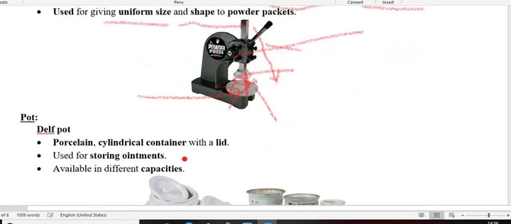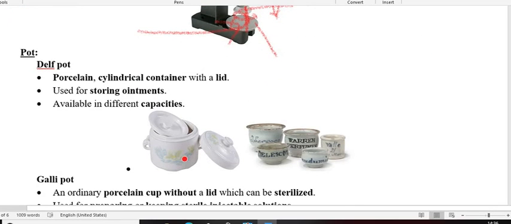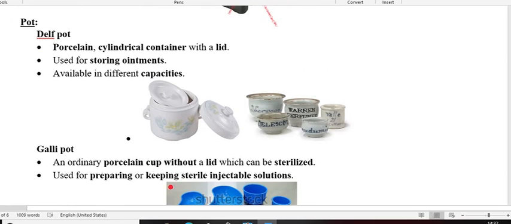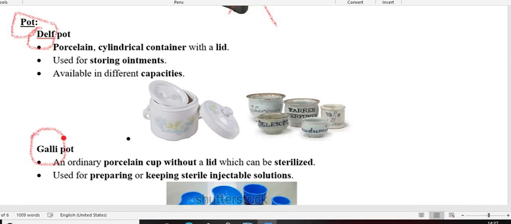Now we have to go through the pot. This is very important. Usually we have two types of pot. Pot simply means a utensil. So Delft pot and gallipot. Delft pot is usually a cylindrical container made of porcelain and also has a lid.